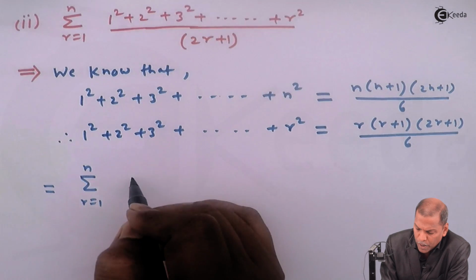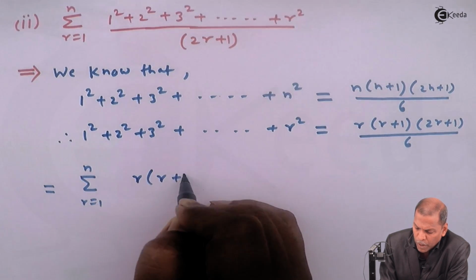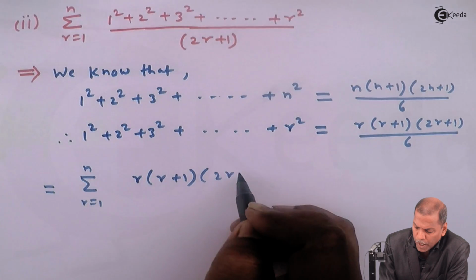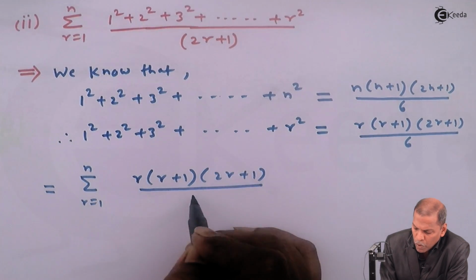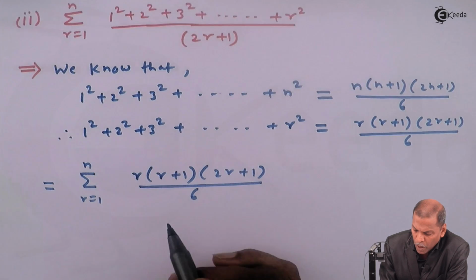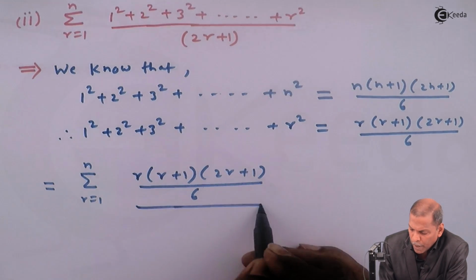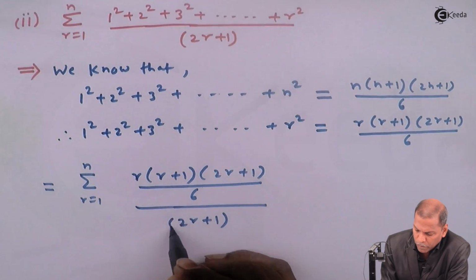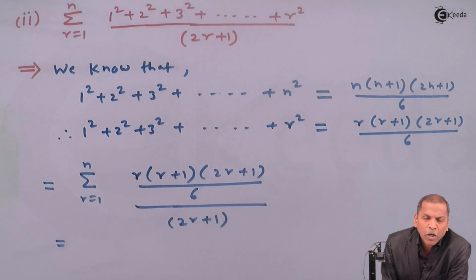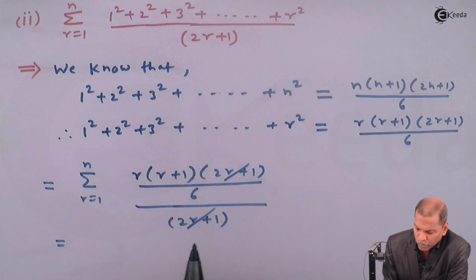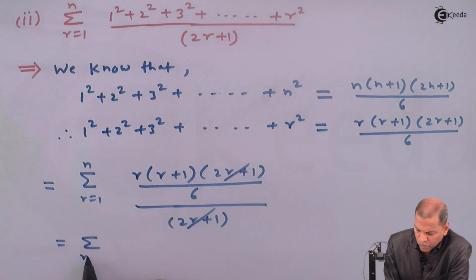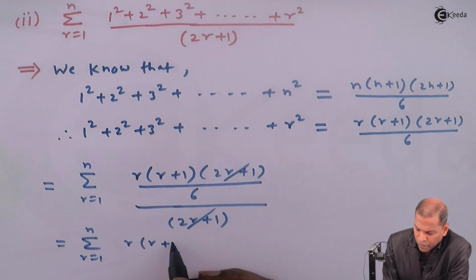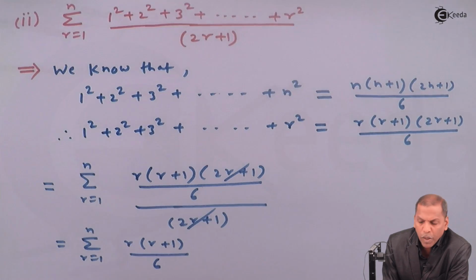We have to replace that r in bracket r plus 1 second bracket 2r plus 1 whole thing divided by 6, and that term totally divided by the term 2r plus 1. Then cancelling the term 2r plus 1 from numerator and denominator, we have summation r takes value 1 to n r in bracket r plus 1 upon 6.